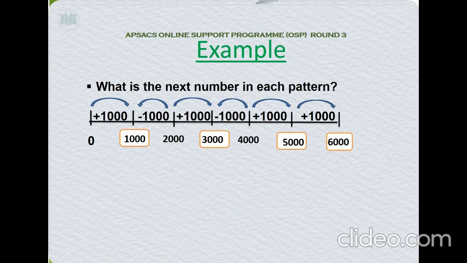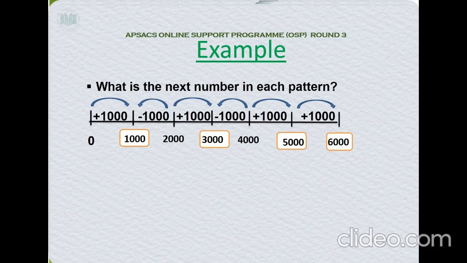Yes, you are right. If we add 1000 to 0, we get 1000. And if we add 1000 again to 1000, we get 2000. So in this number pattern we are going to add 1000 because the numbers are increasing.